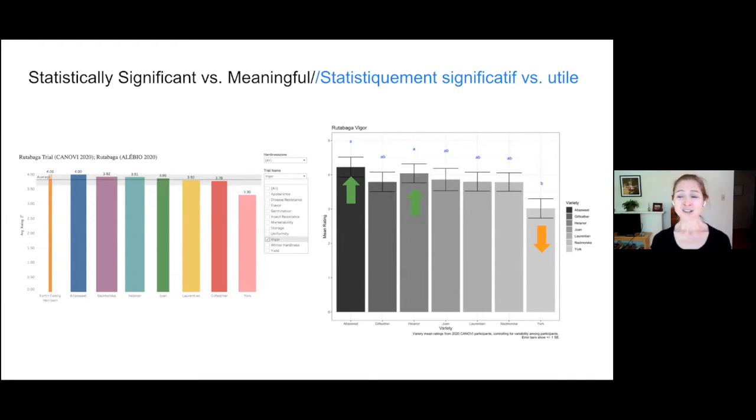When I did statistical analysis on this same data, which is the grayscale graph on the right, I was able to see significant differences between three varieties. York had significantly less vigor than, I think, Eleanor and Alta Sweet, which were the ones that came out on top.